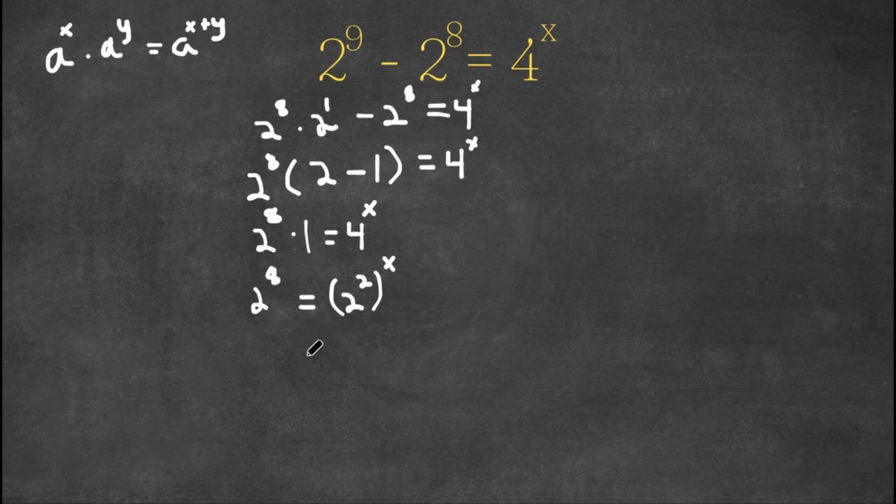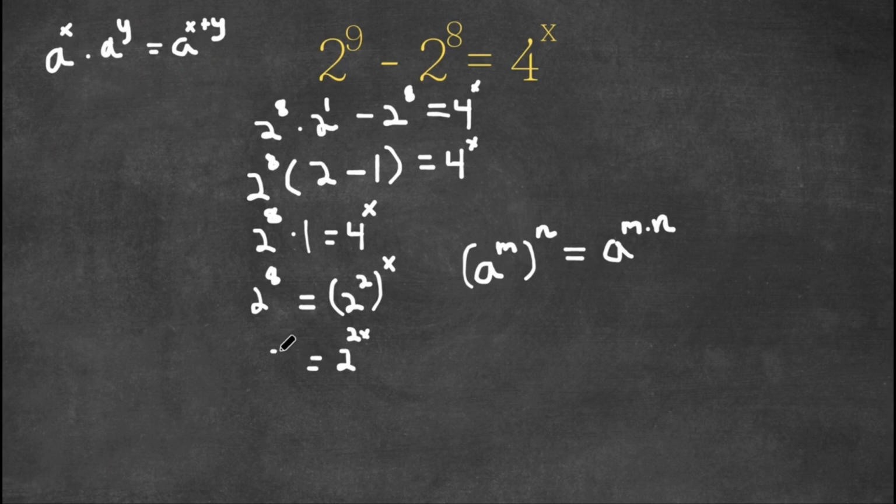Now, an important property of exponents is that if we have a to the power of m to the power of n, this is equal to a to the power of m times n. So 2 to the power of 2 to the power of x is equal to 2 to the power of 2 times x, which is 2x. And this is still equal to 2 to the power of 8.